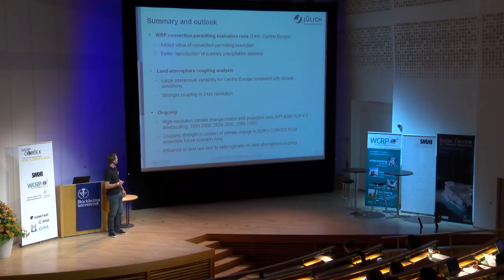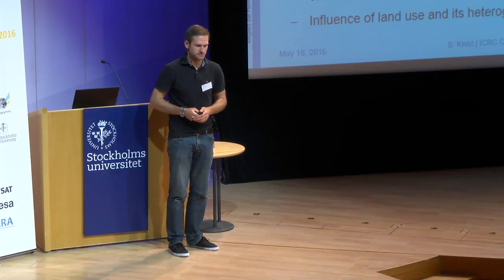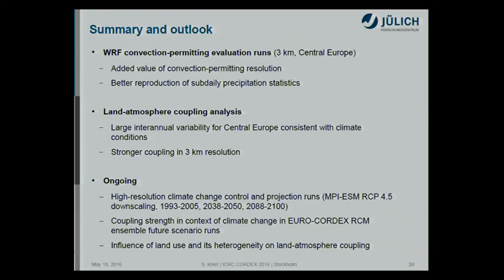So coming to the summary, we confirm the results that have been shown before. So really the added value of the high convection-permitting resolution is most clearly seen in the sub-daily precipitation statistics. So as in our case, we look at the hourly precipitation statistics and the diurnal cycle.